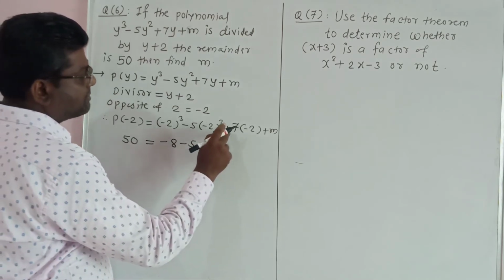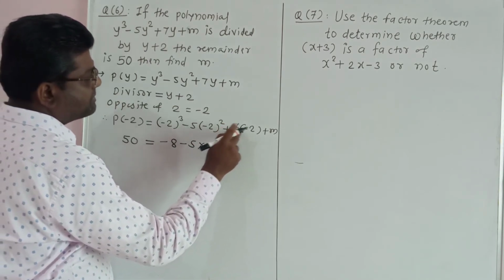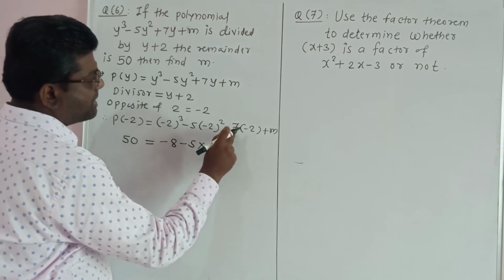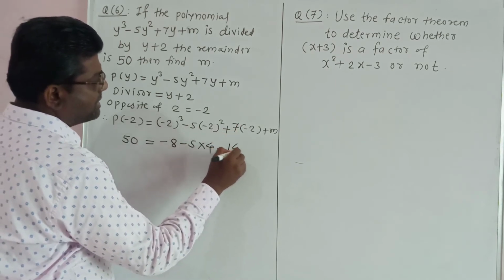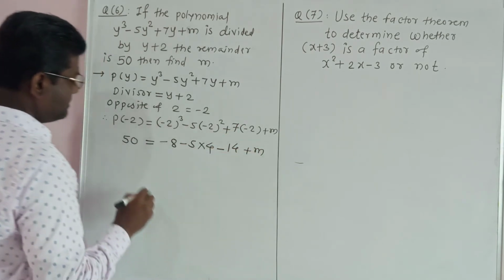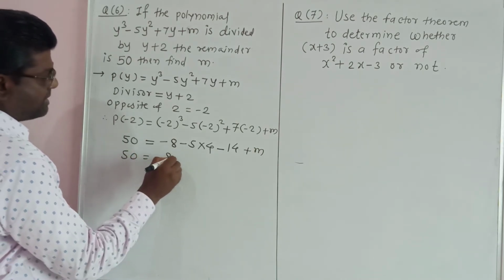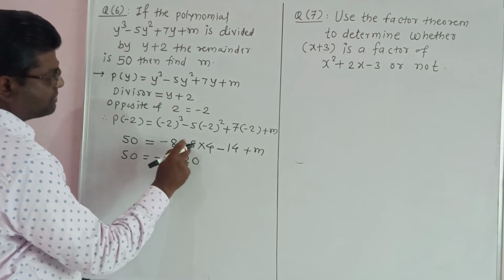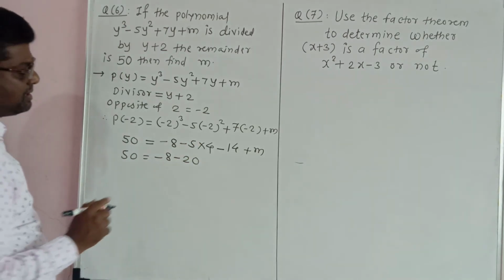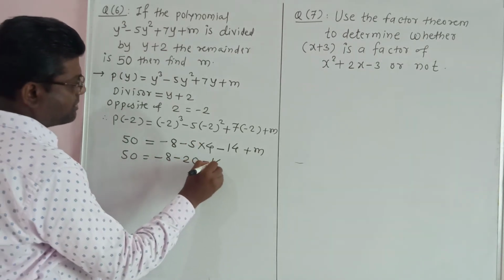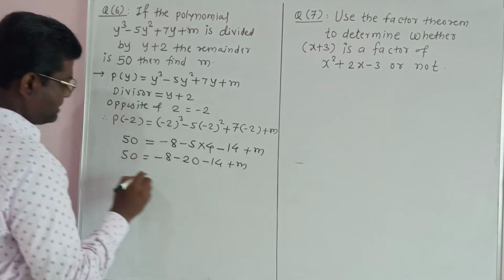Now plus into minus will be minus, 7 into 2, 14, plus m. So 50 is equal to minus 8, minus 5 into 2, 4 is 20, and this minus 14 plus m.